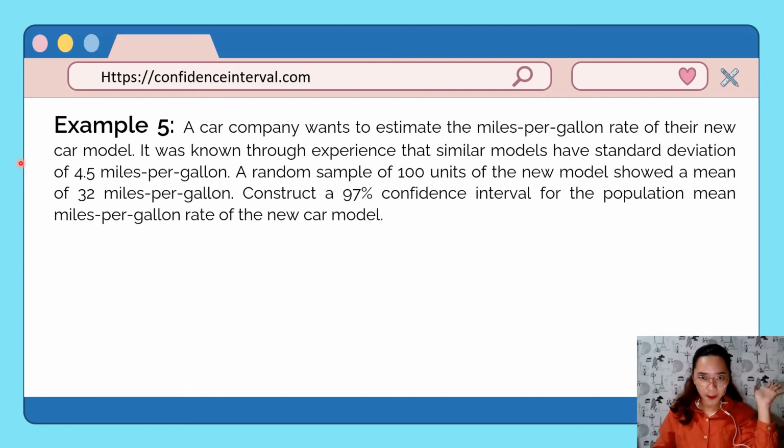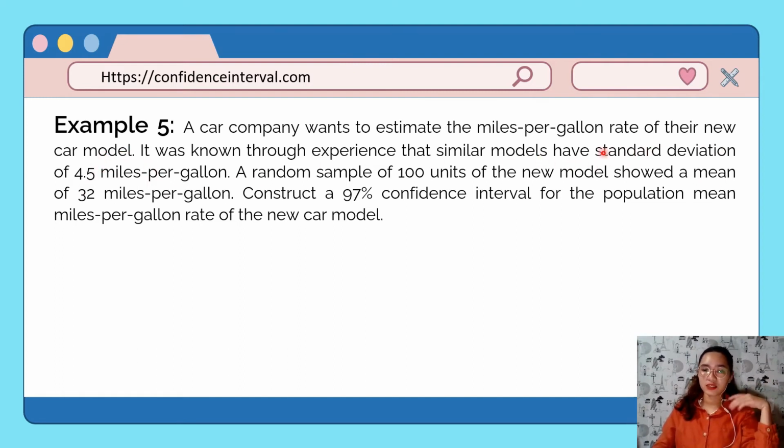So, unang-una, ano nga ba kasing margin of error ang kukumputin natin? Z or T? Depende po yun sa ating given na data. Kung mapapansin nyo sa problem, meron na silang available data from their previous experiences na ang standard deviation po ng population of their cars is 4.5 miles per gallon.